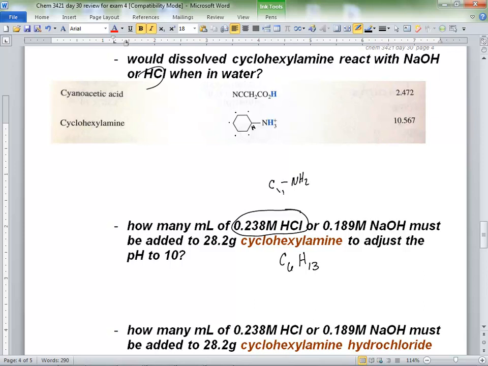CH2, CH2. I lost my spot here. The C6, H13, N. Right?